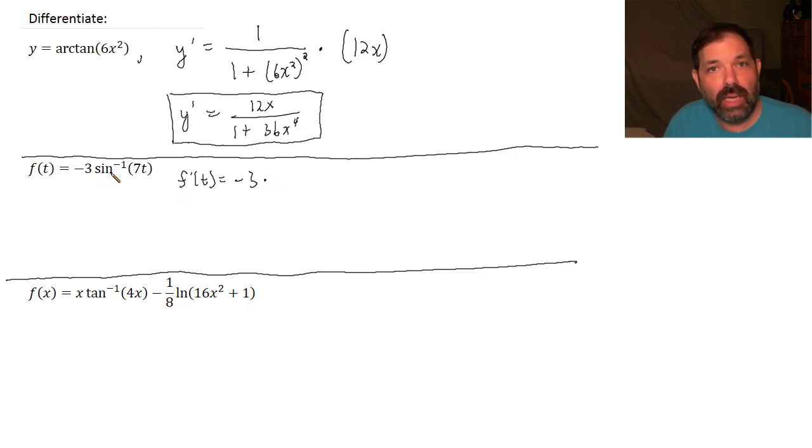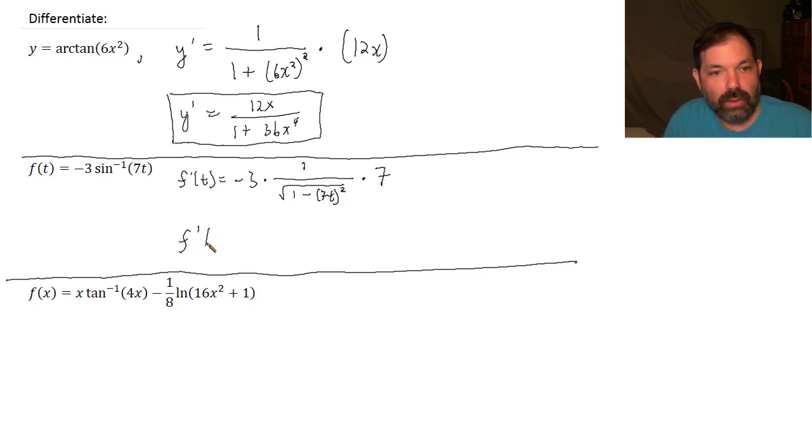Now for the sine inverse, that was 1 over the square root of 1 minus something squared. And it's not just x in this case. Now it's a 7t. That needs to be squared. And that's multiplied by, from the chain rule, the derivative of the 7t, which is 7.